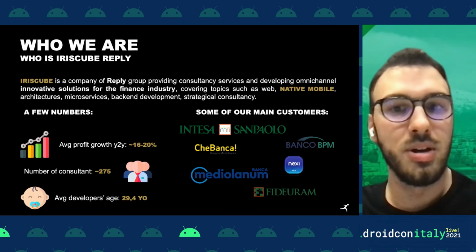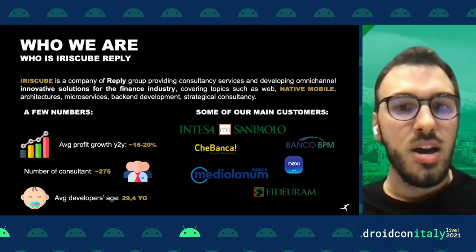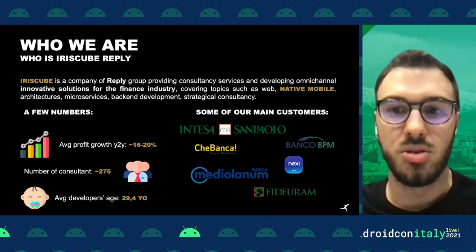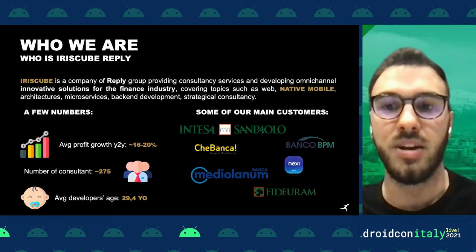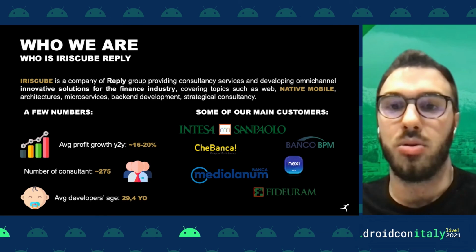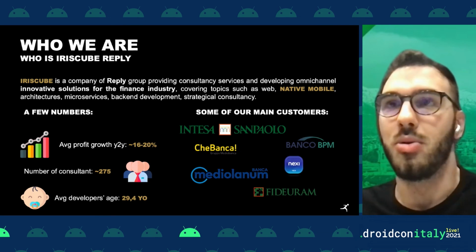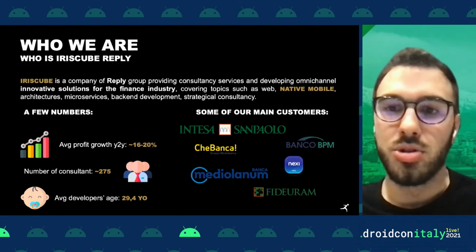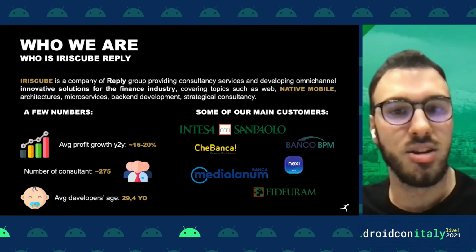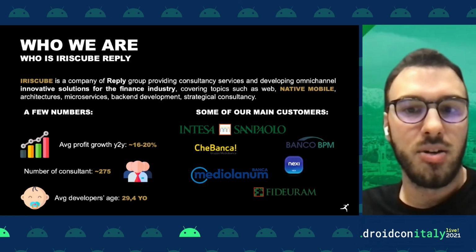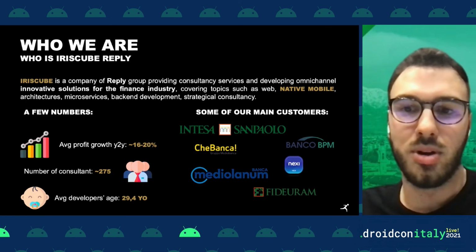Here are some details about our company. We are from HighRiskCube, a Reply group company. HighRiskCube provides consultancy services and innovative solutions, especially in the financial industry. Generally, we work almost everywhere in the IT field: on front-end web, on mobile native solutions, on microservices architectures, and so on. Before going to the heart of the discussion, a few numbers about our company.